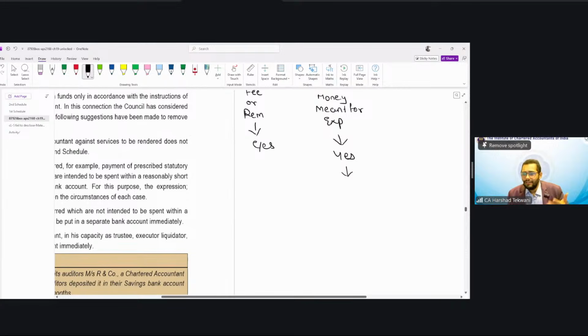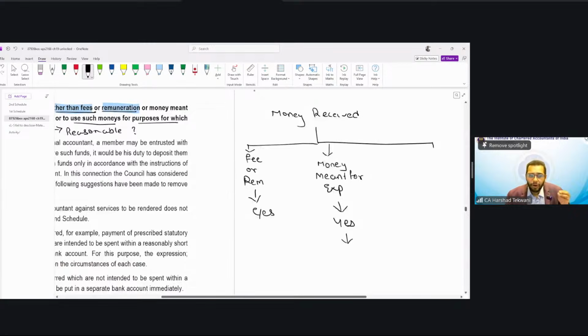Or basically, we will see if the money is there for a specific expenditure, then what to do. But let's say the money is not for specific expenditure, then when I say no to this, I need to check step by step. Then whether money is for a specific use, specific purpose.